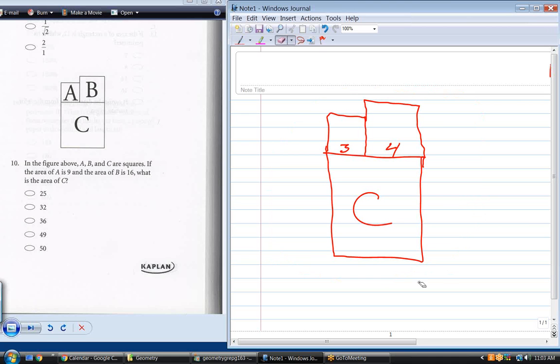So the side length, this S. Just S. That's the side length of a square. All 4 are the same. Okay. So what is S equal to?